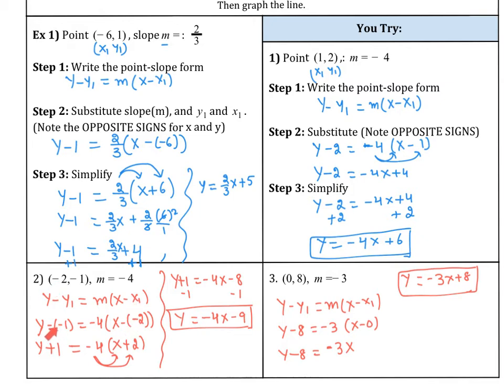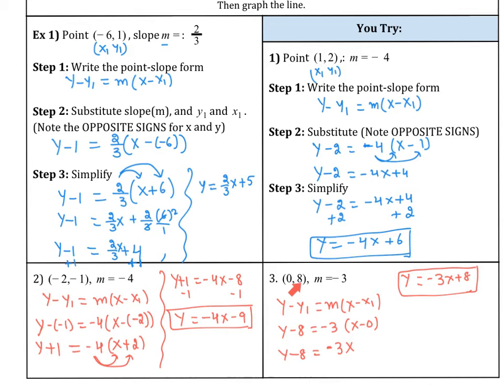The 2 negatives will make it positive 1, and here the 2 negatives will make it positive 2. Now distribute the negative 4 inside, and you're going to get y plus 1 equals negative 4x minus 8. So negative 4 times 2 is negative 8. Subtract 1 on both sides, and you're going to get y equals negative 4x minus 9.